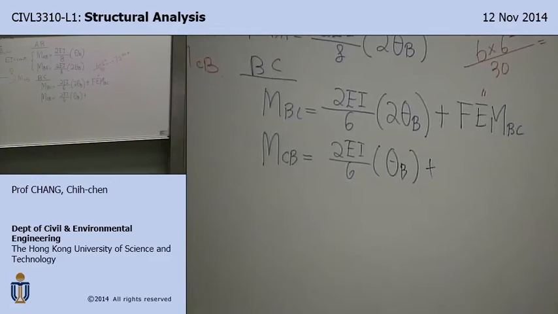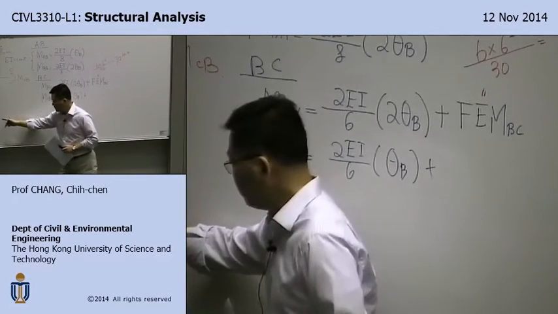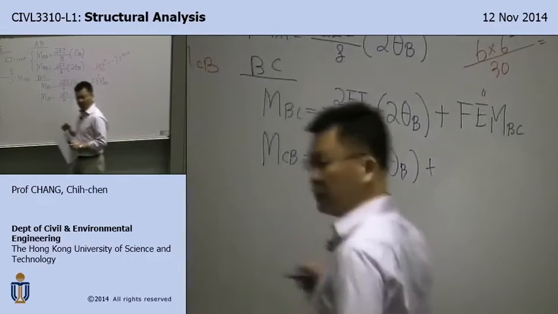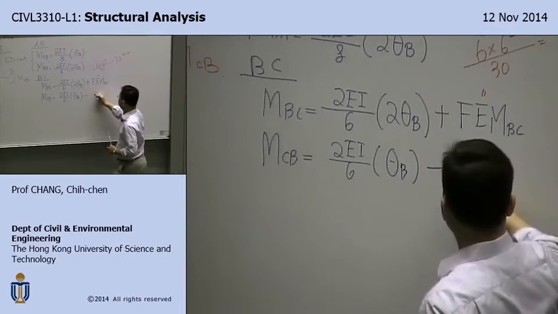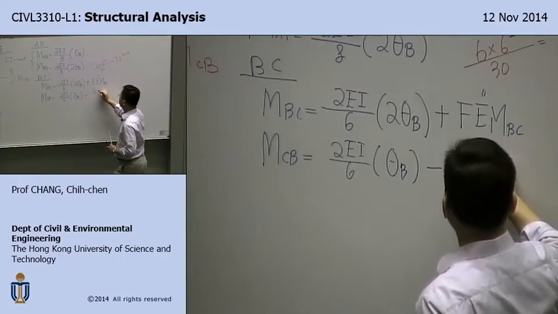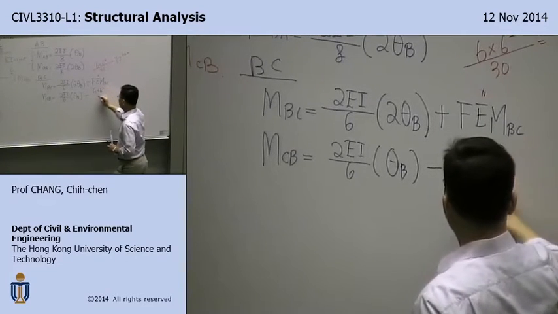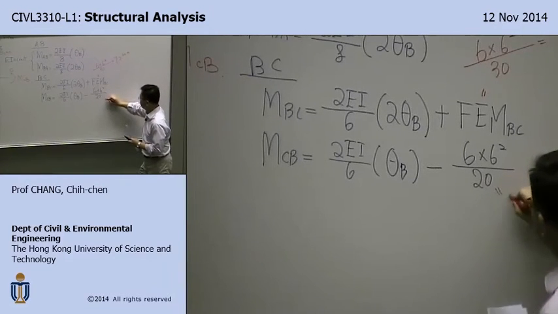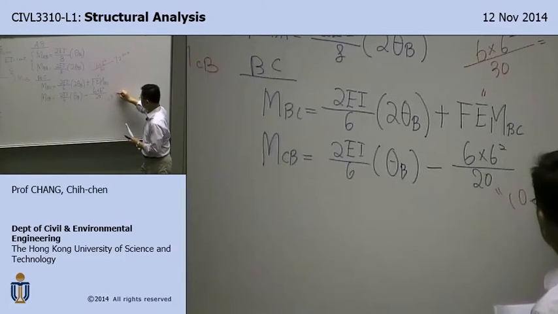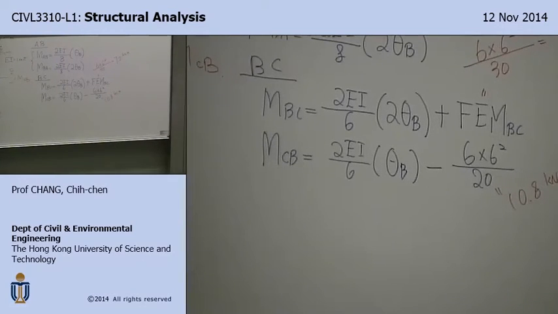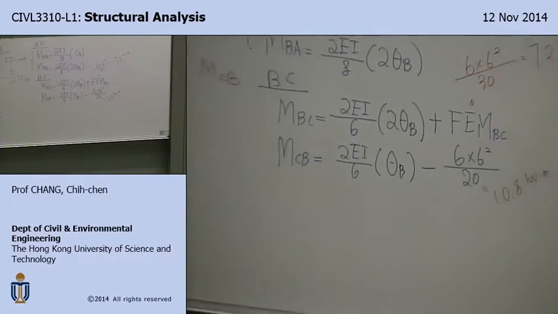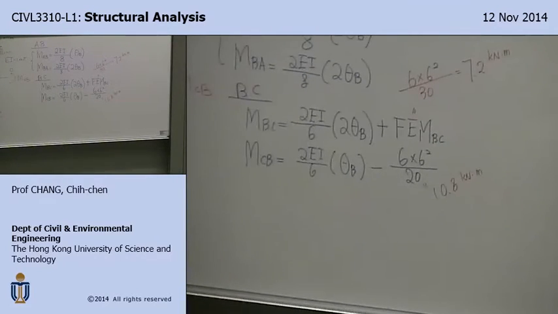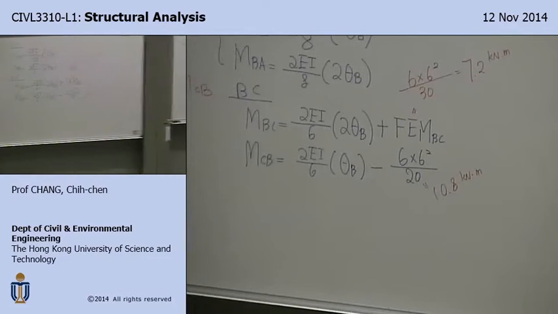Fixed end moment: the fixed end moment is negative WL squared over 20, which is 10.8. So far, so good? OK.